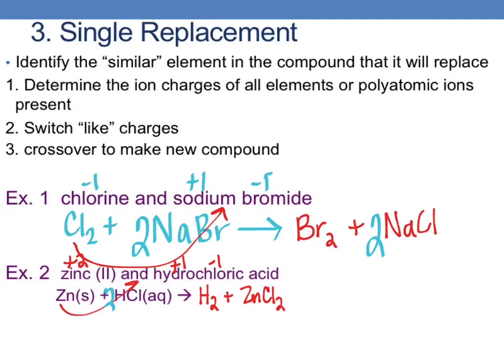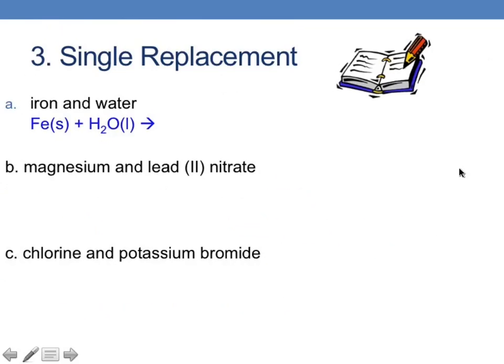All right, let's do some examples. Iron and water. So right here, there should be some clarification that this is iron 2. So who is iron going to kick out? Iron kicks out the hydrogen.